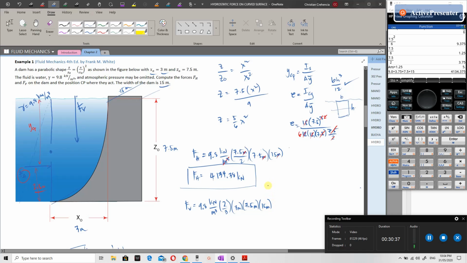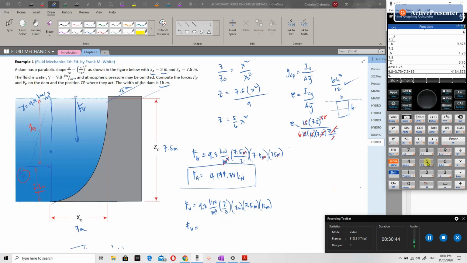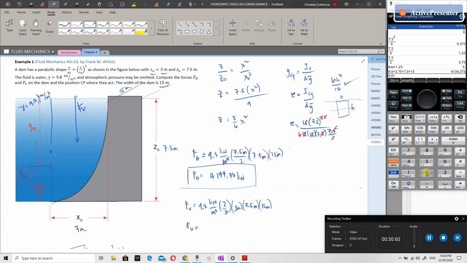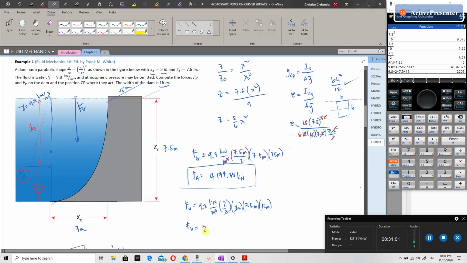Okay. Then we can solve for FV, madali lang. 9.8 times, so cancel na natin tong 3, times 2 times 7.5 times 15. Okay. So we have 2205 kilonewton.